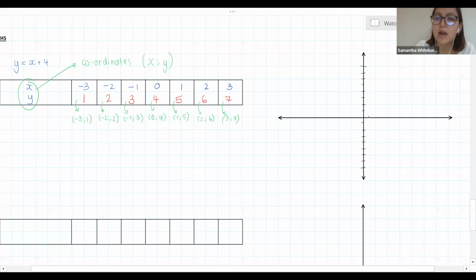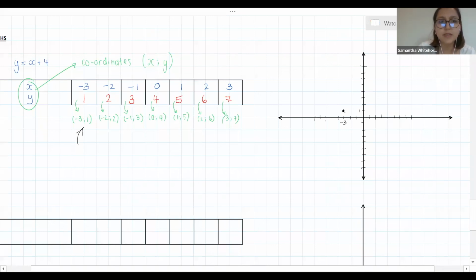I now want to plot my coordinates according to the coordinate pairs I have. If I take the first one, we've got -3, 1. So -3 is sitting here, 1 is there, and so I plot my point at -3, 1.